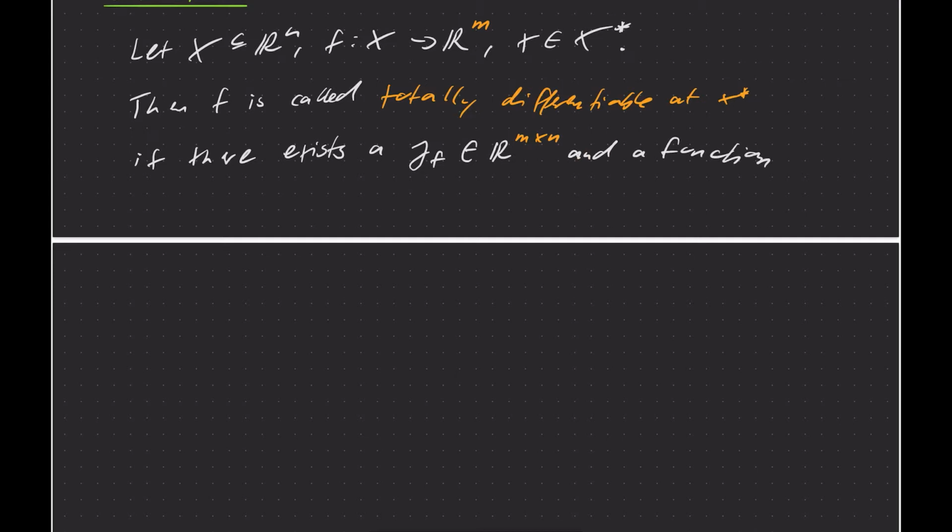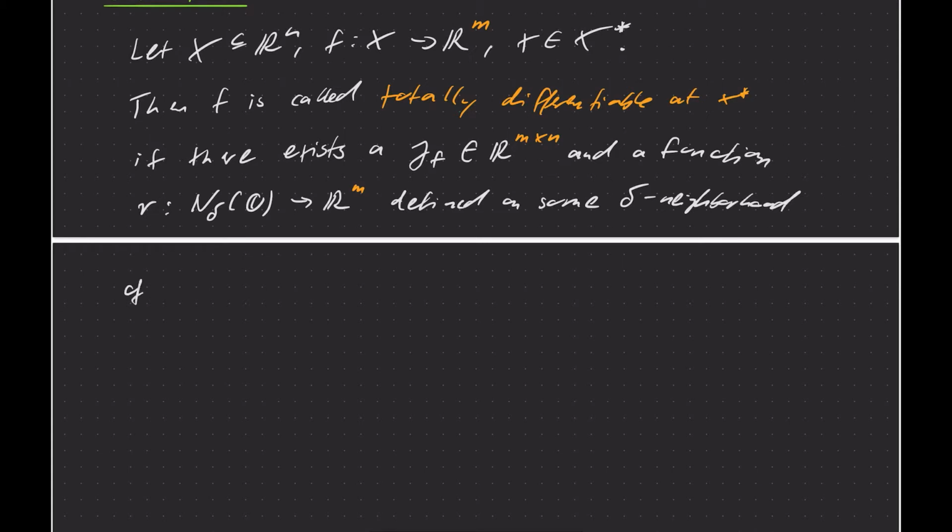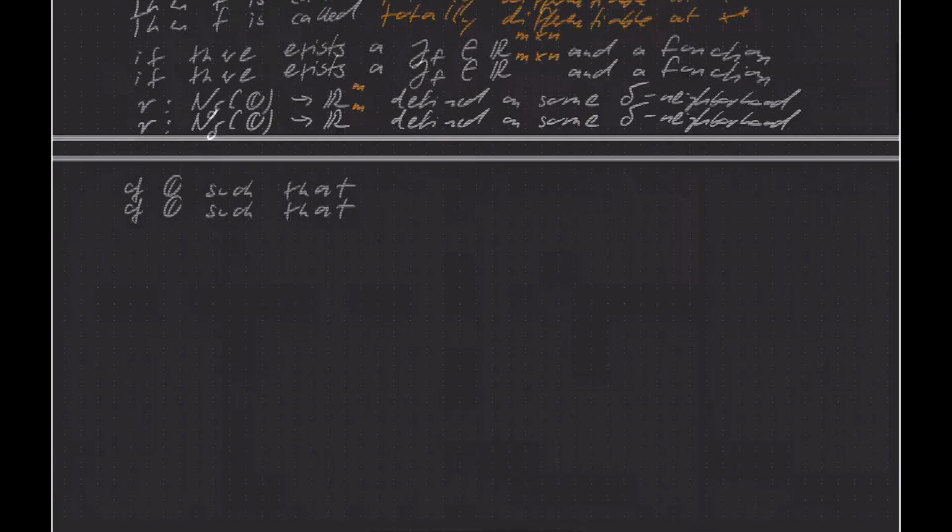And again, we need a remainder function, so a function r defined on some delta neighborhood of the origin 0 that now also maps to R^m instead of just R, such that the following conditions hold.